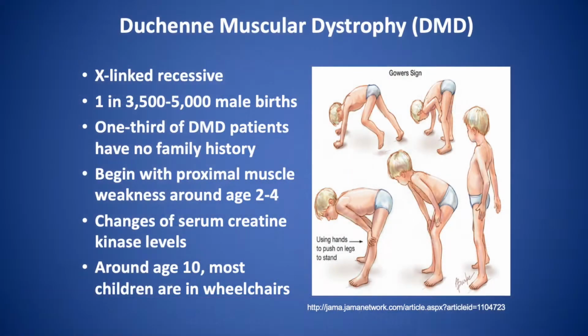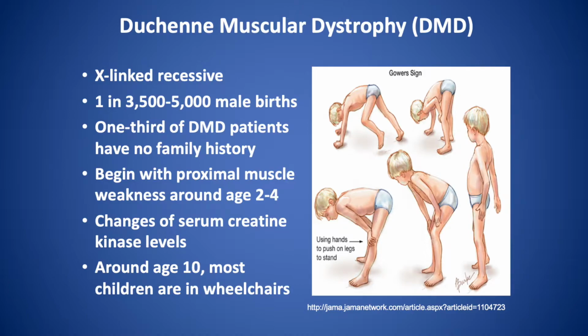So, I will quickly repeat the introduction of DMD. DMD is an X-linked recessive disease, and it's a very prevalent genetic disease. About 1/3 of DMD patients have no family history, so anyone can suddenly have a DMD patient in their family. They begin to have proximal muscle weakness around age 2 to 4, and they have elevated serum creatine kinase levels.